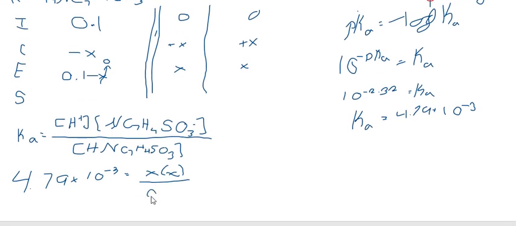So in my denominator, I'm just going to have 0.1. x is ultimately equal to 0.0219. So I'm going to plug that into my solutions row in my RICE table.